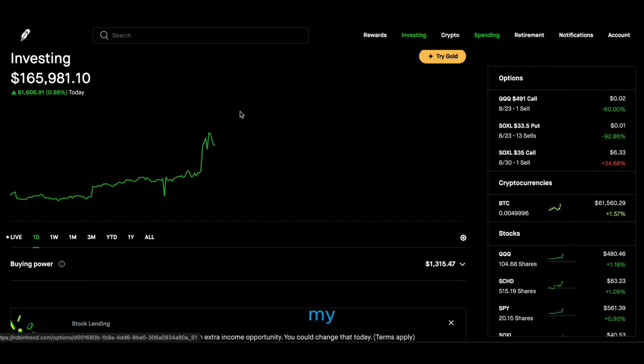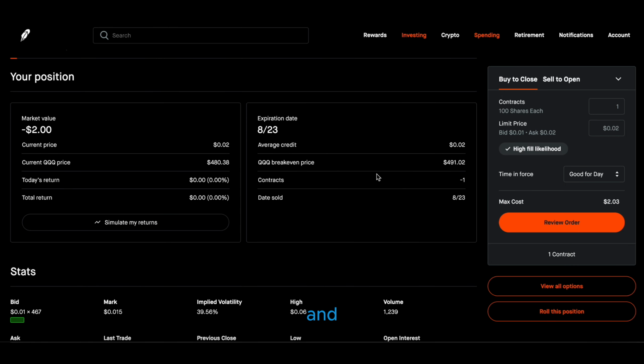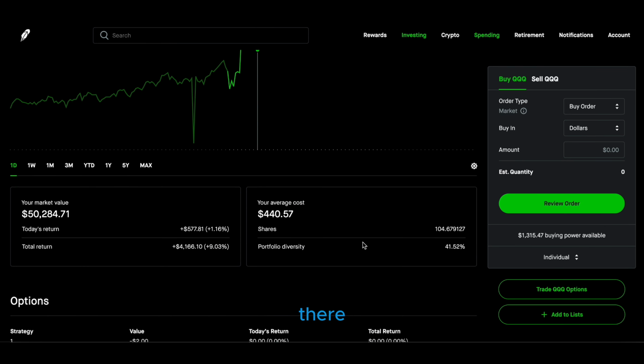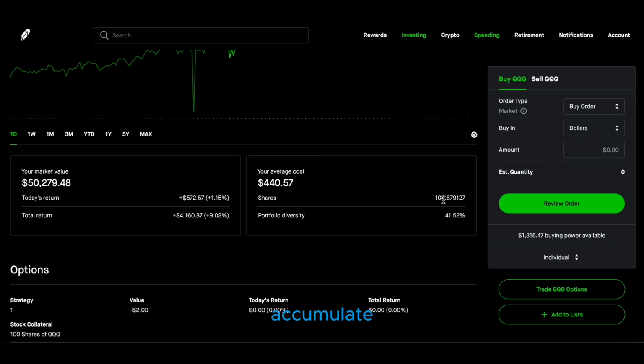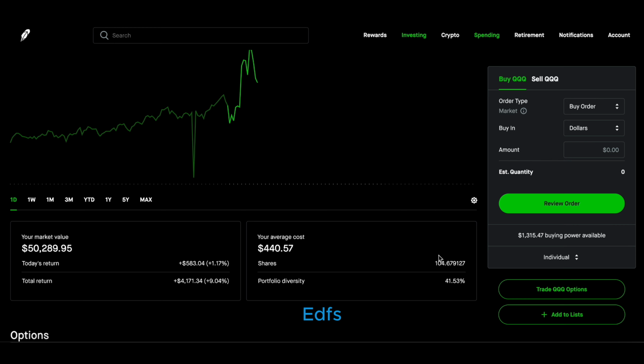Now going back to my portfolio, which you see here, close to $166,000. Today I sold a covered call on QQQ and made a couple bucks. Again, I'm doing this every single day, making a couple bucks here and there and reinvesting those to accumulate more shares of QQQ. Long term, I want to keep these ETFs in my portfolio. I have over 104 shares and a portfolio diversity of 41.5%.